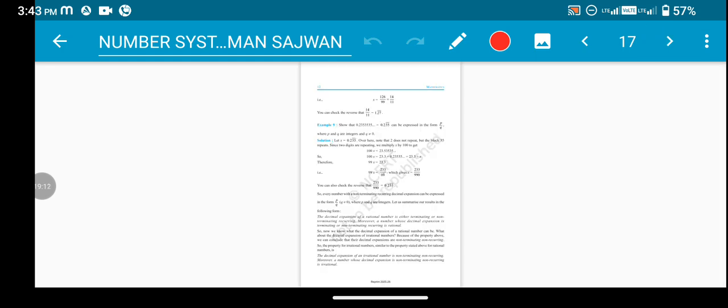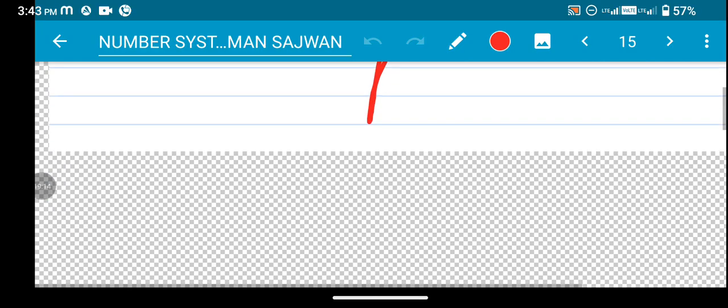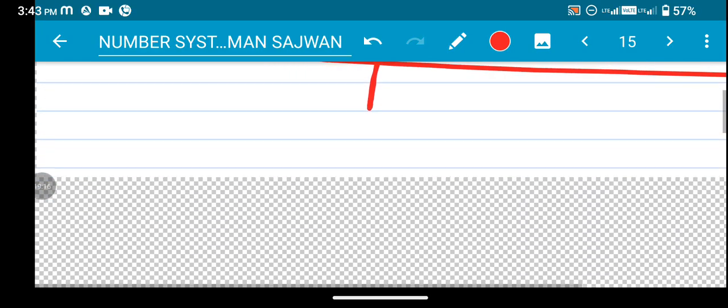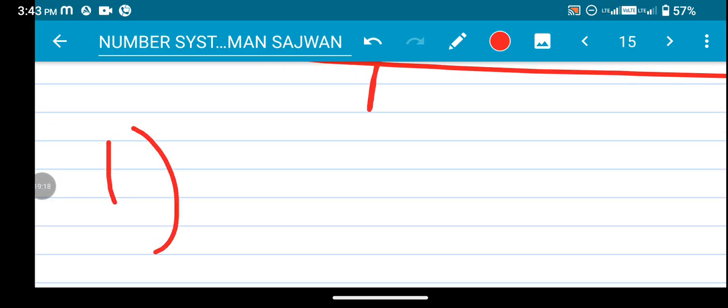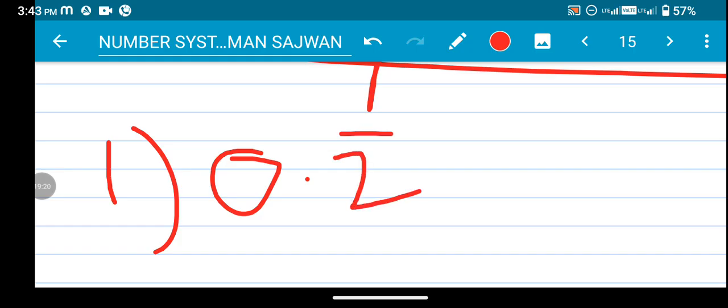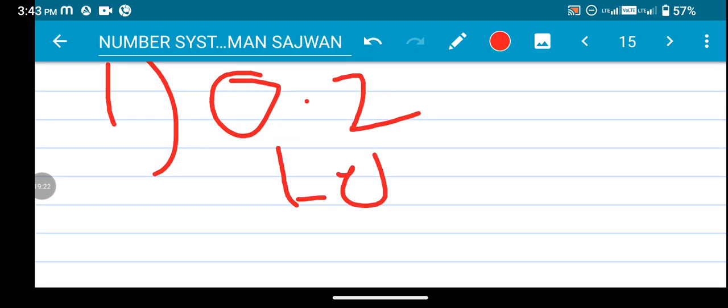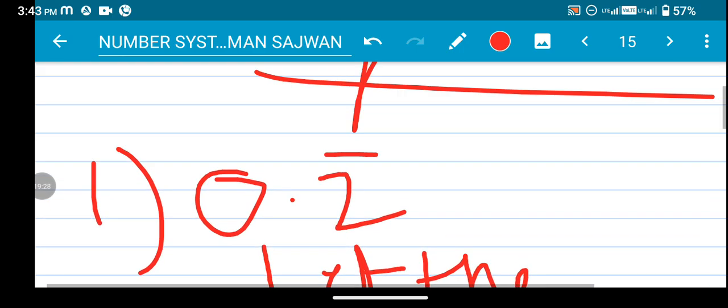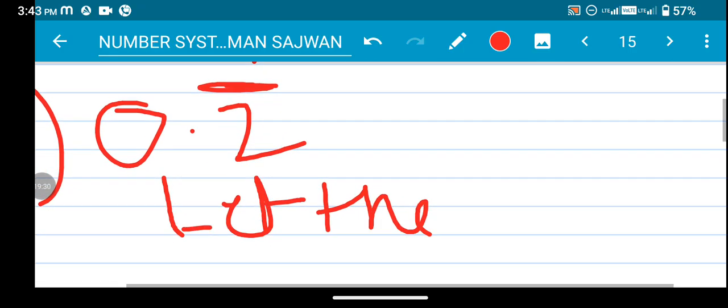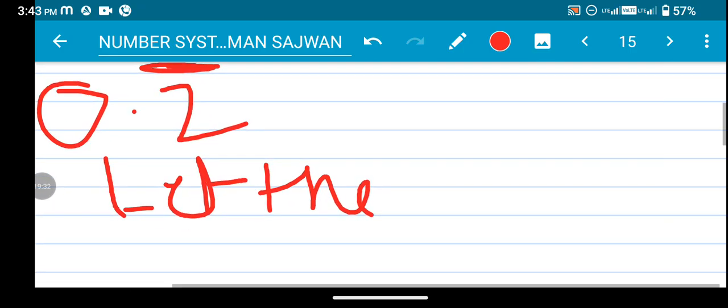Let's take an easier example first, then we'll move up: 0.2 bar. First I will tell you in descriptive, and then I will tell you how to solve it easily by trick if there is an MCQ. Let the number be x.